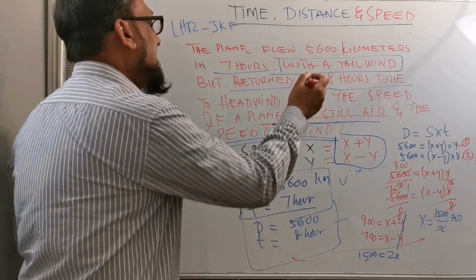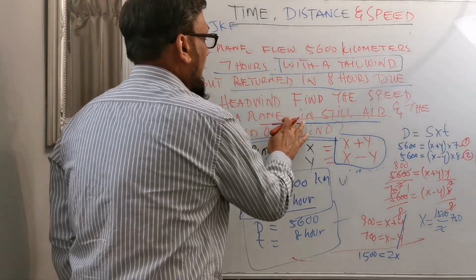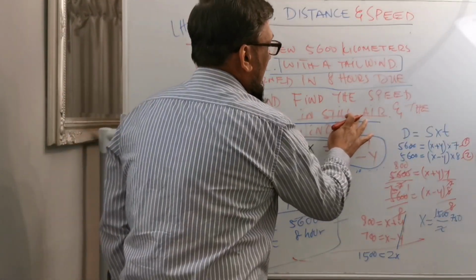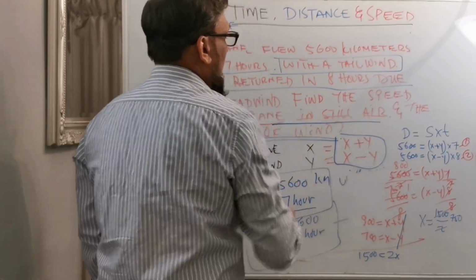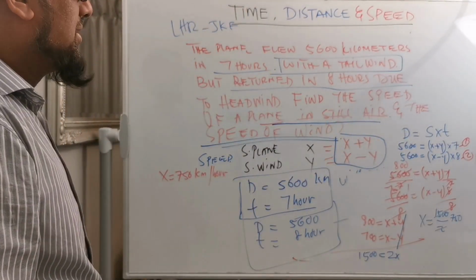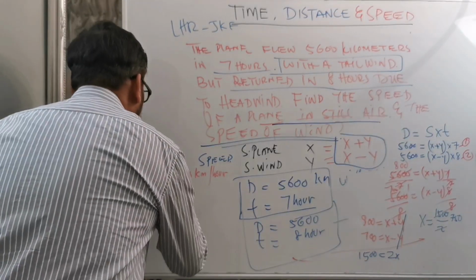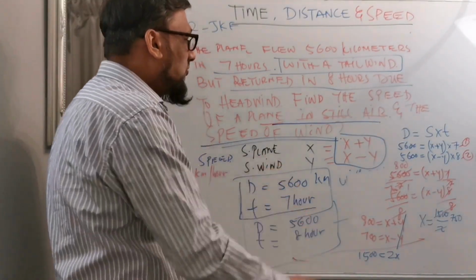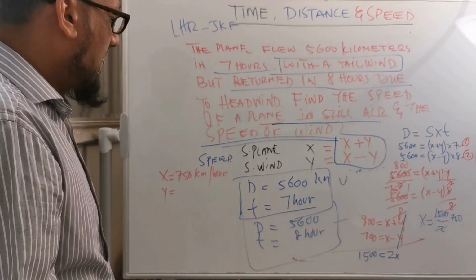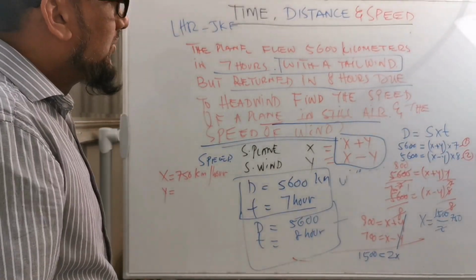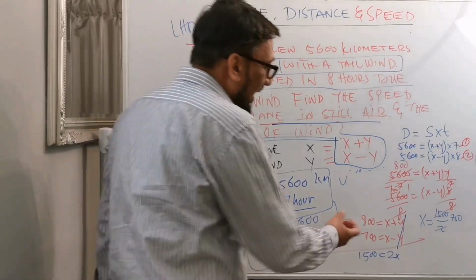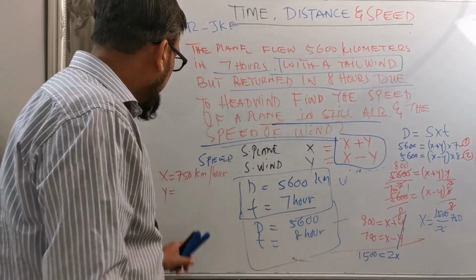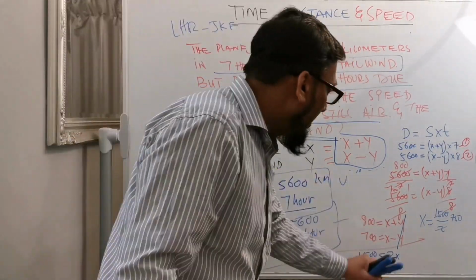This is the speed of a plane in still air. And now we need to work out the value of y. The value of the speed of wind is y. Why? Simple. We need to substitute the value of this x in any equation.